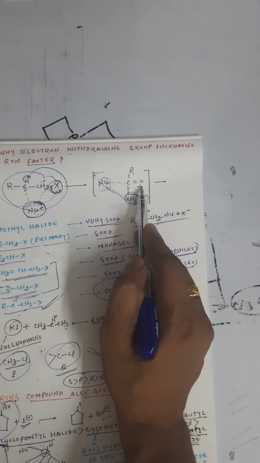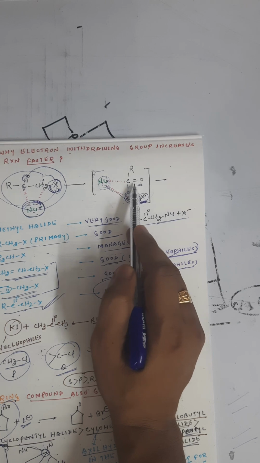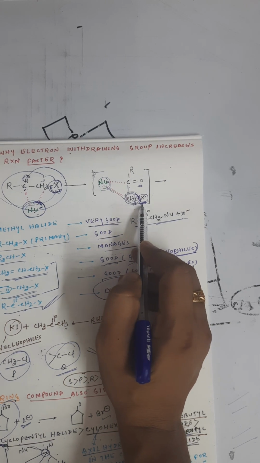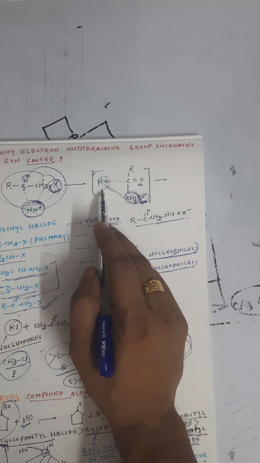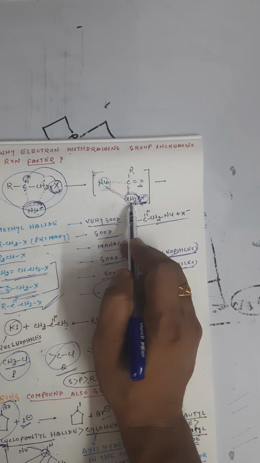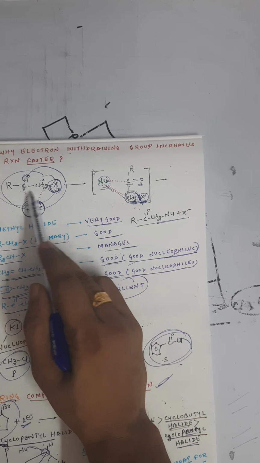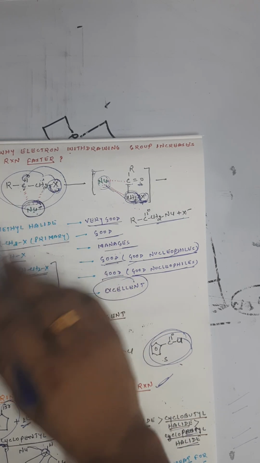As compared to halogens, oxygen is not a better leaving group, right? So ultimately the nucleophile will attach at this position, not the carbon. But initially, you can see both polarizations, both centers were available for attack by the nucleophile.